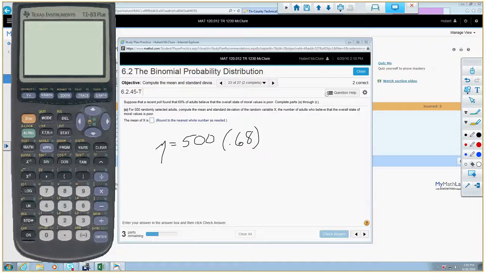Okay. So 50 times 6 is 300, right? And then you could say 340. Is that what it comes out to be? Yeah, 340. You should be able to kind of do that in your head.